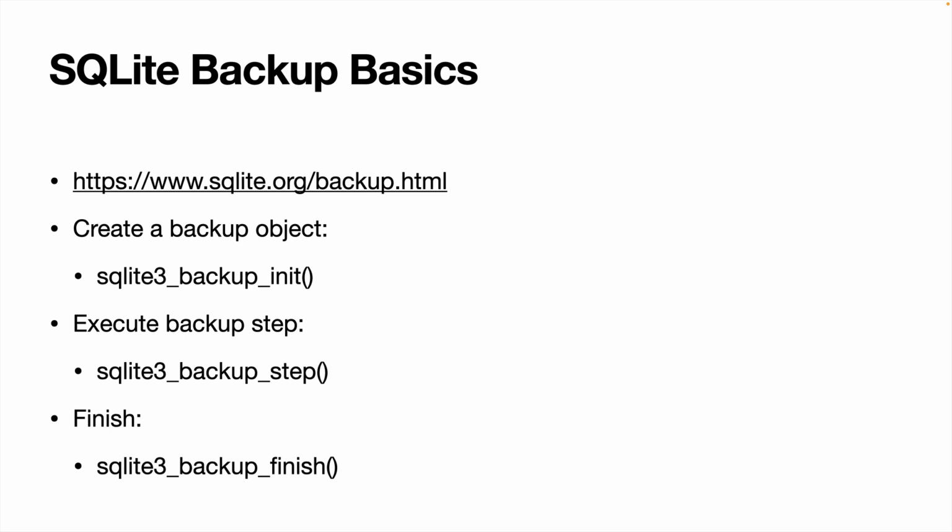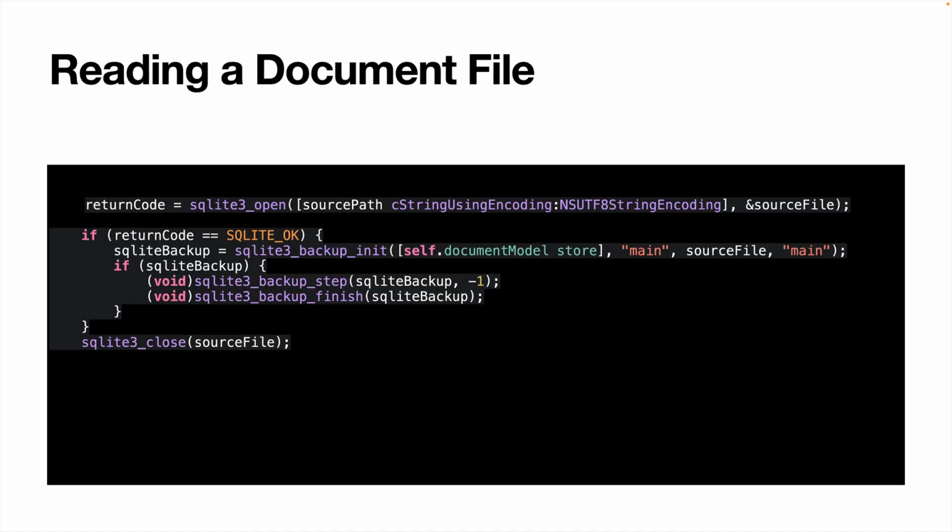Once you have that, you can step through the process of paging data from one to the other. You can either control that by doing your own steps or let SQLite handle that, and that's what we're going to do in this case. We're going to let SQLite handle that itself. And then once that's complete, we can do a finish that will put everything into place, and then we're done.